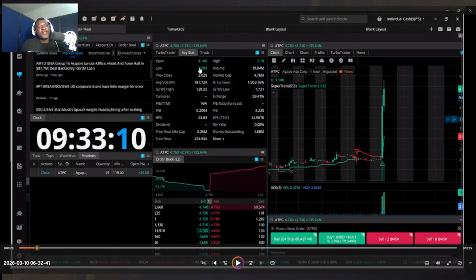Again, this is where we also come in with technicals. We have to look at the daily charts. Is this chart supporting what is going on today?